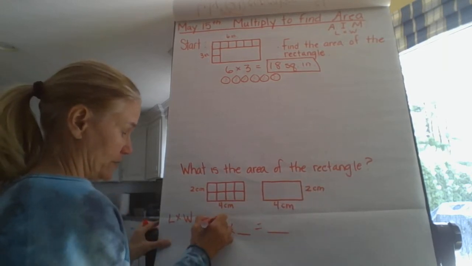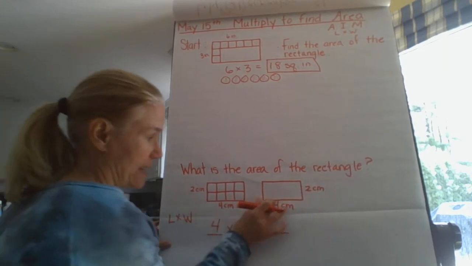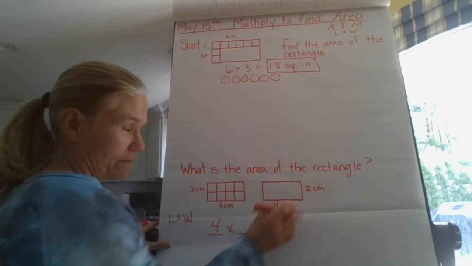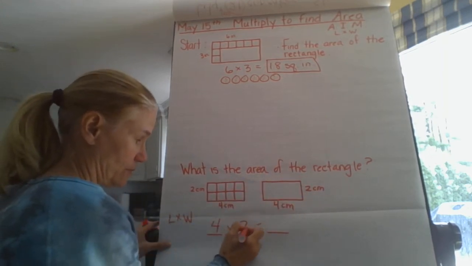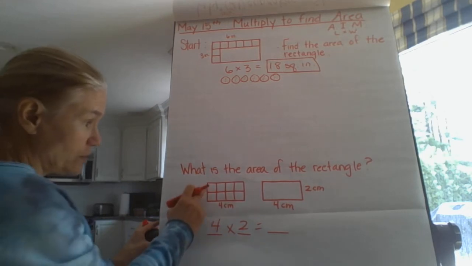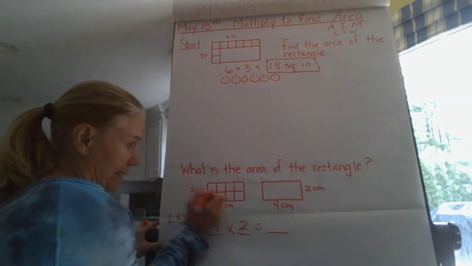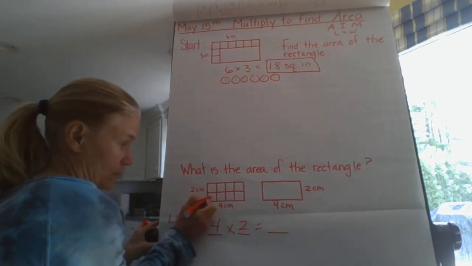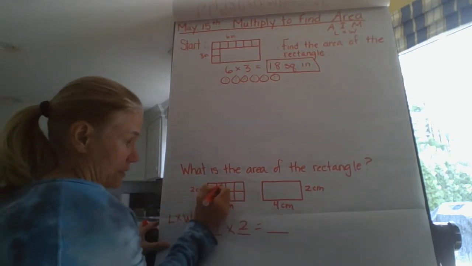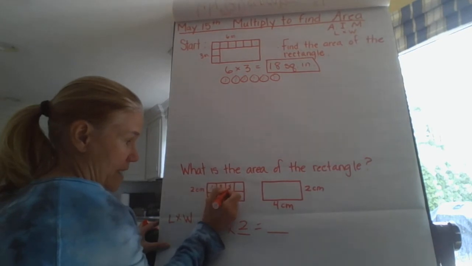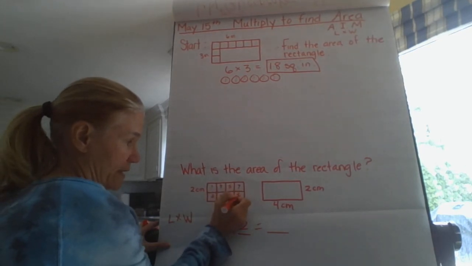Length is 4 centimeters. It's how long it is from here to here. Width, how wide it is, 2. I could also draw my 2, just like I did here. 1, 2. And I had 4 across. 3, 4, 5, 6, 7, 8.